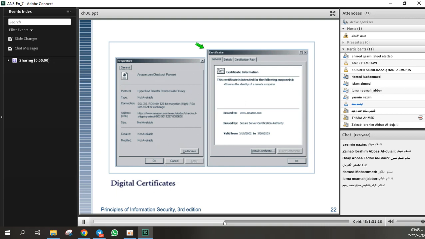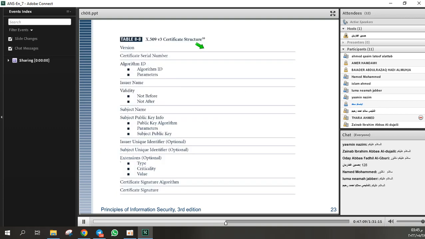Okay, it's a digital certificate. We can find it over the web, and my browser would check it, and if it finds an error or any security problem, it will send an alert message for me. Okay, this site is not safe.